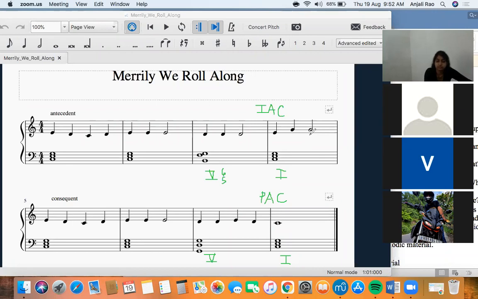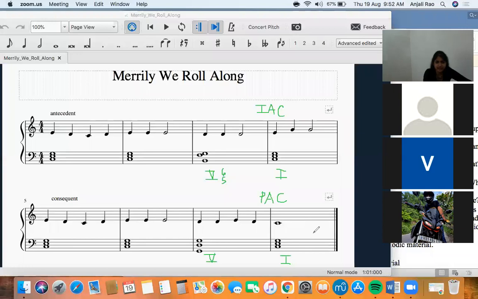That's right. And consequent, it's because it ends on a strong cadence, such as the perfect authentic cadence. Okay, very good. So antecedent and consequent is the relationship between two phrases when one ends with a weaker cadence and the other one ends with a stronger cadence.